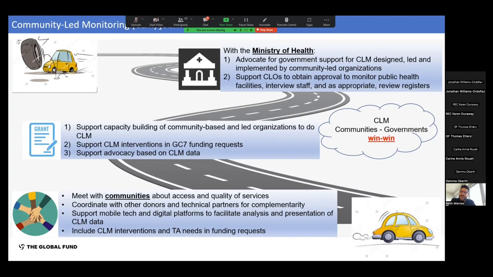And last but not least, when you describe and request funding for community-led monitoring implementation, ensure that there are TA functionality and TA resources built into the program, especially if it's a move from manual to digital, or if it would like to integrate other components of health and non-health issues into the community-led monitoring mechanism, and so forth.